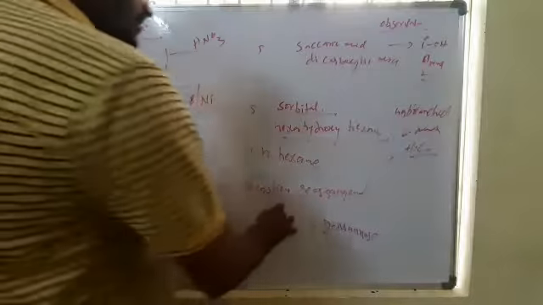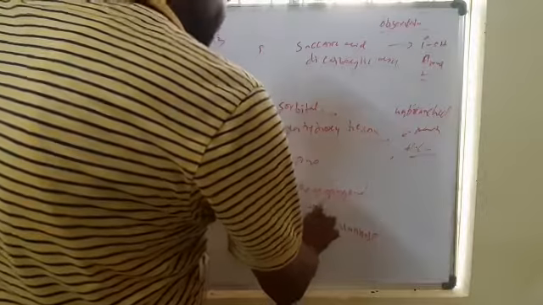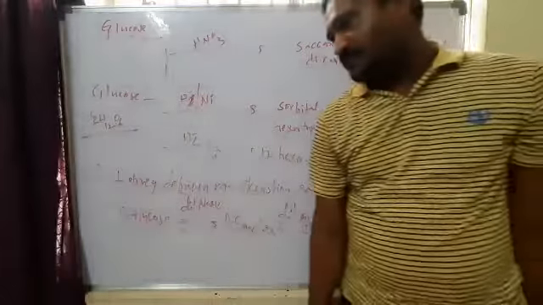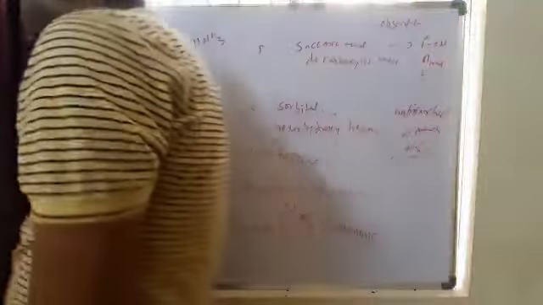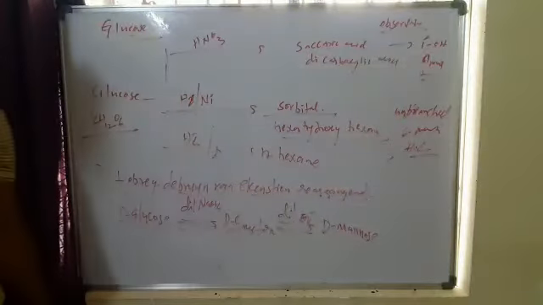So by using dilute NaOH, D-glucose rearranges to D-fructose and D-mannose. This is a reversible rearrangement.